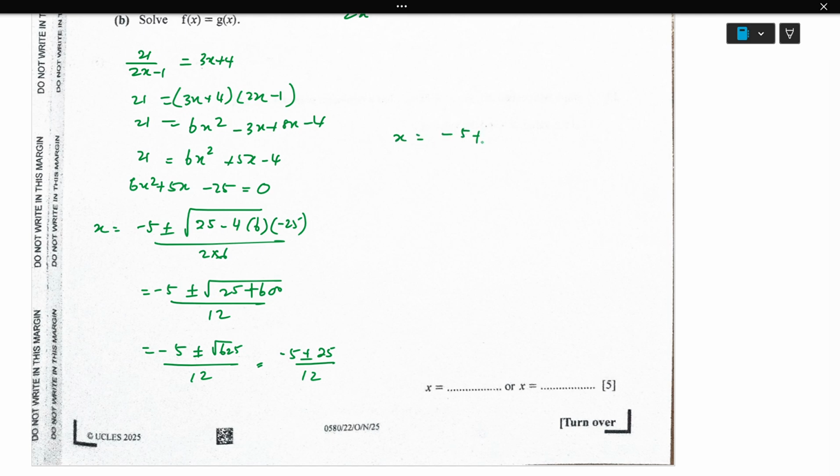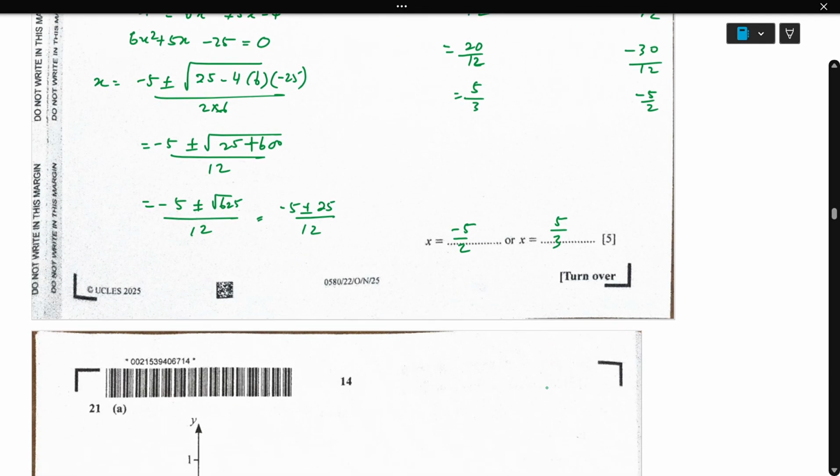So x equals minus 5 plus 25 over 12, and the other is x equals minus 5 minus 25 over 12. Which is 20 over 12, and here is minus 30 over 12. Going to the simplest form, 4 times table gives 5 over 3, and 6 times table gives minus 5 over 2. So one answer is minus 5 over 2, another answer is 5 over 3.